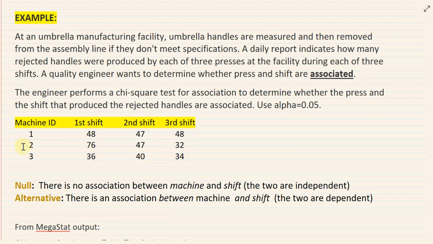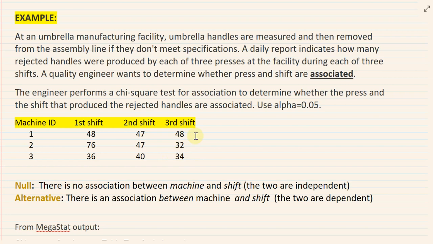So this is a 3x3 contingency table. Now the row-column combination for any one of these, for example, second row, third column, is the number of rejected handles produced by machine 2 during the third shift. You see that? 32. That's a cell. So we've got cell, cell, cell, and so on.